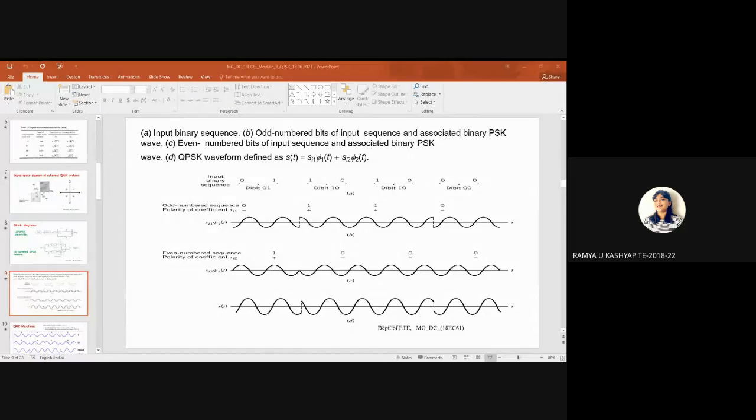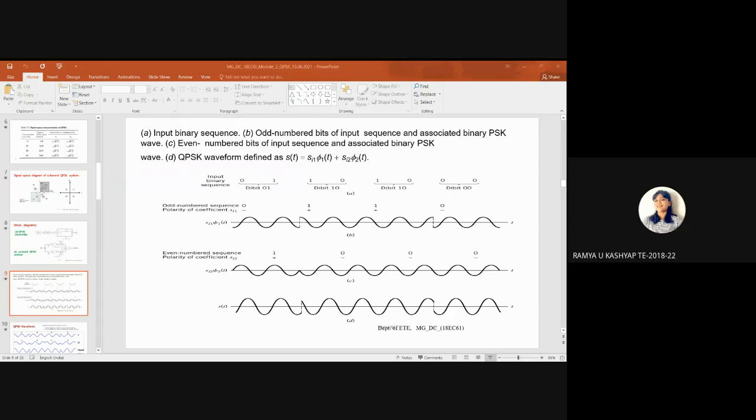For the odd numbered sequence, we consider cos: for bit 0, minus cos, and for 1, plus cos. Similarly for the even numbered sequence, we consider sine: for 1 it is plus sine, and for 0 it is minus sine.